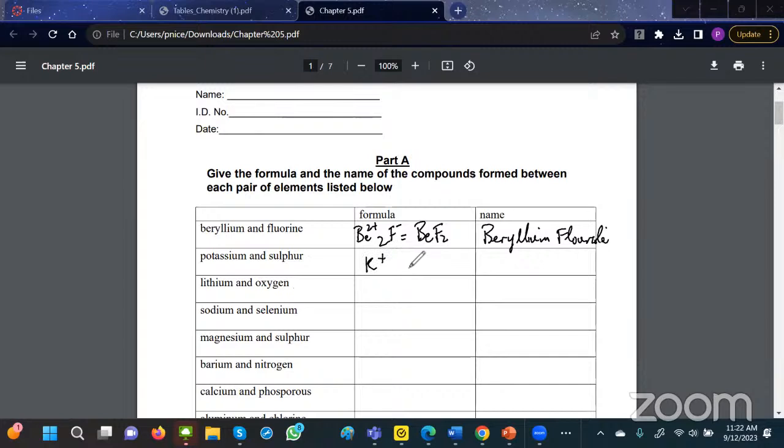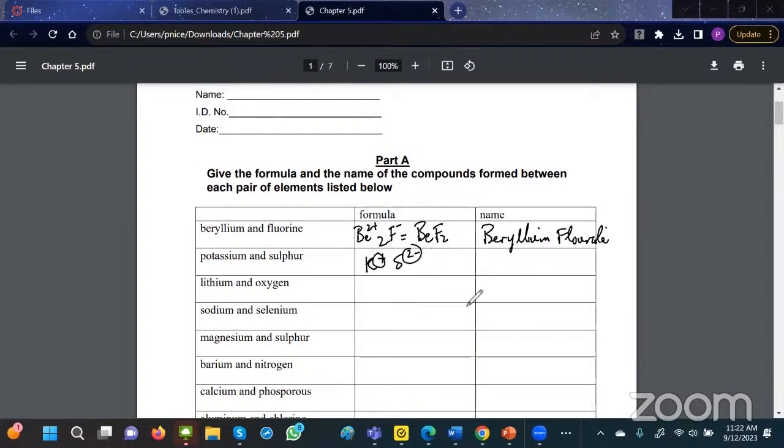And what would be the formula for the sulfide ion? No, not quite. S2 minus. Okay, so we have K plus, we have S2 minus.